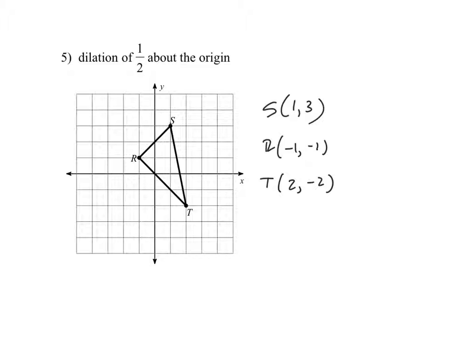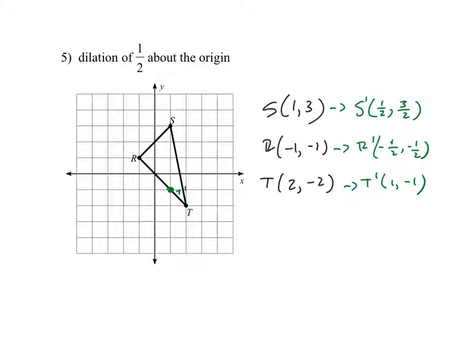So this one, I have a dilation of 1/2. So I'm reducing this. So I'm multiplying everything times 1/2. So this is 1/2 and 3/2. This one, R prime, is going to be -1/2 and -1/2. And then T prime is going to be 1, -1. Right? So T prime is 1, -1.